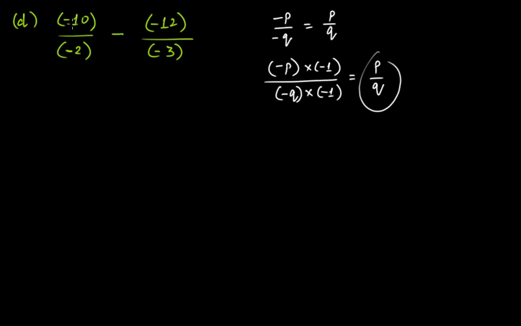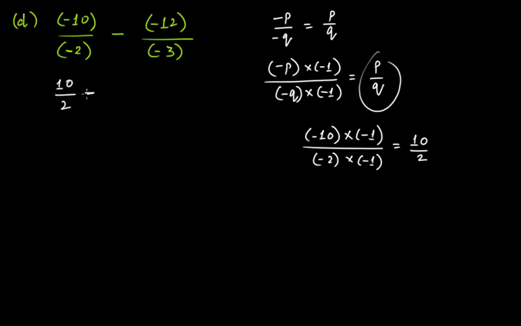Similarly here, if you multiply this minus 10 with minus 1 and minus 2 with minus 1, you get 10 over 2 only, right? So this is actually 10 over 2 minus 12 over 3. Now, the denominators are positive.